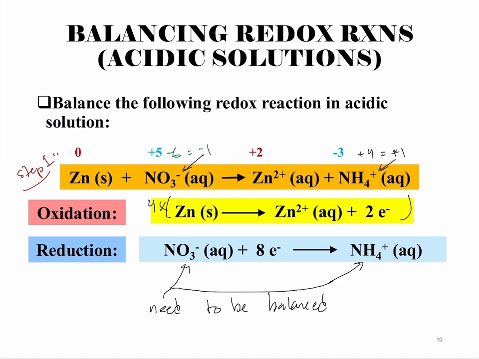And so this is where we use the method that we talked about before. To the oxygen deficient side, we're going to add water molecules. Into the hydrogen deficient side, we're going to add hydronium or hydrogen ions, right? H+. And then we should see that the overall charge should be the same on both sides of the equation when we do that. Because now we have a -9 on the reactant side of our reduction reaction and a +1 on the product side, right?